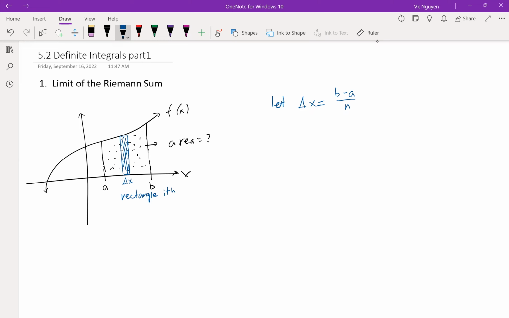Well, we can let A to be x sub 0 and B to be x sub n.